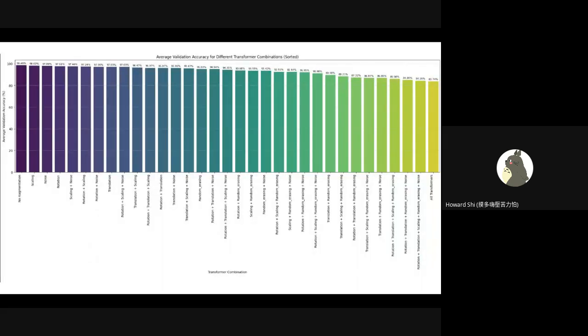So in this bar chart, we found that the all-transforms combination has the lowest accuracy. So we think that combinations that contain three or more augmentations will lower the performance. So we take those out later. And next page.